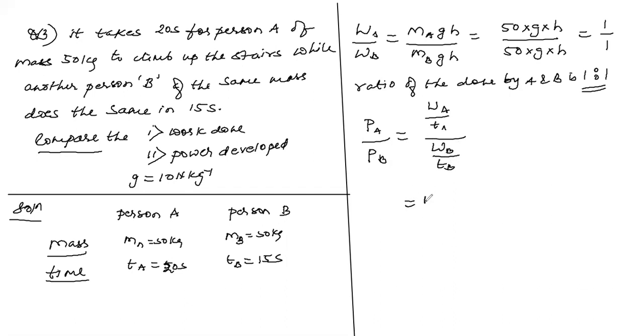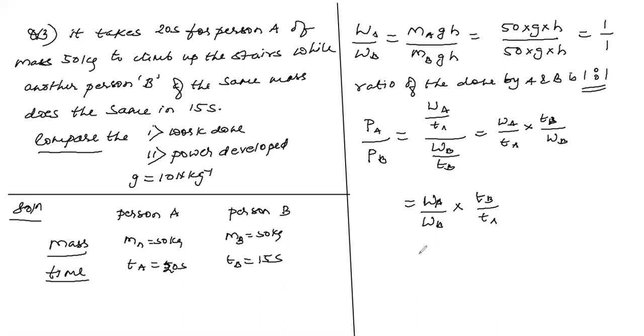So when you do it, WA upon TA multiplied by the reciprocal, TB upon WB. So this will become WA upon WB into TB upon TA.